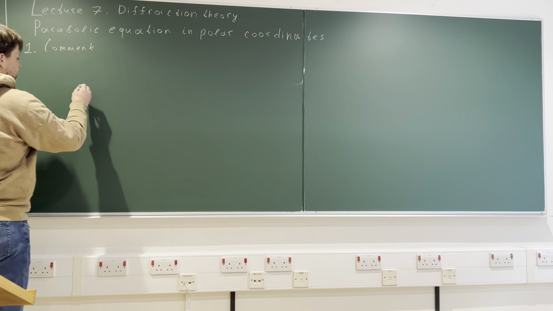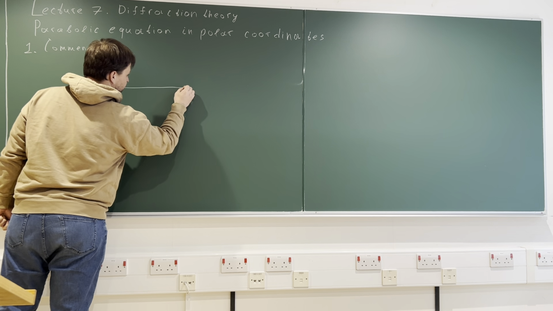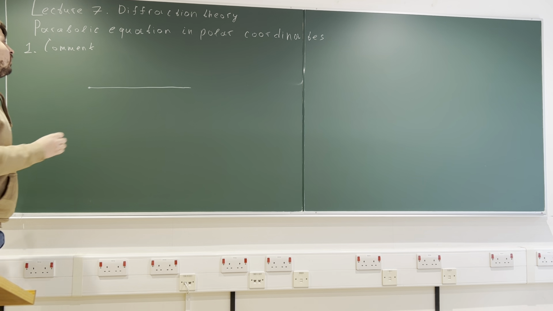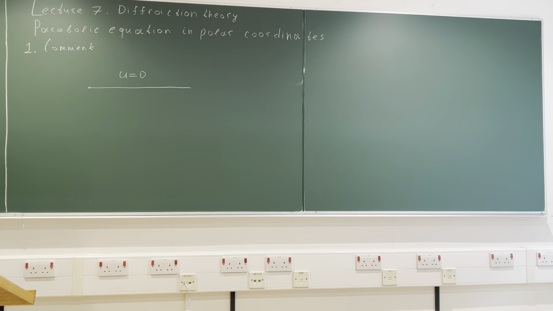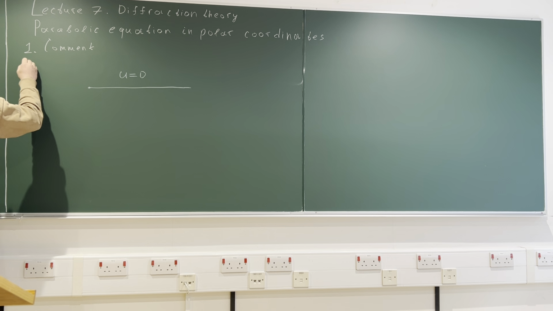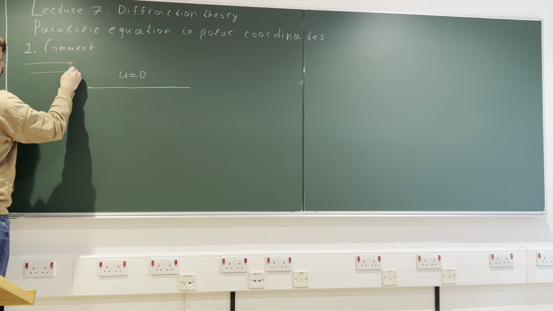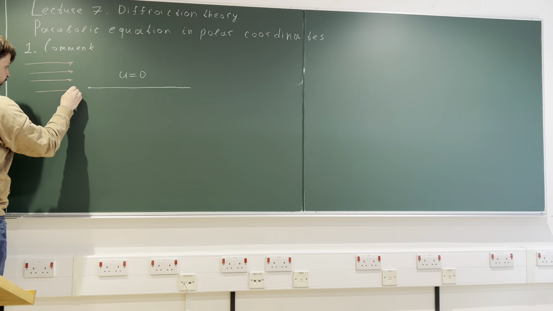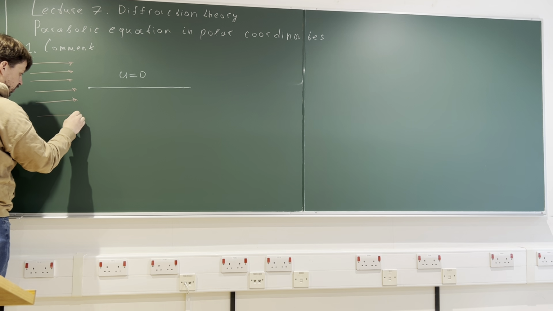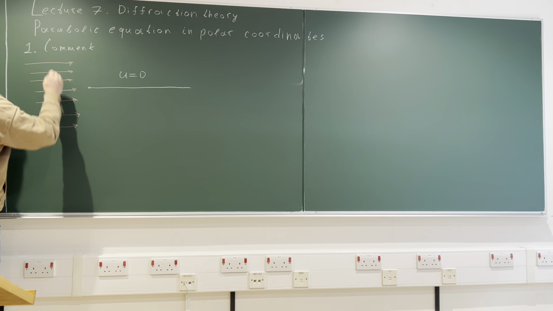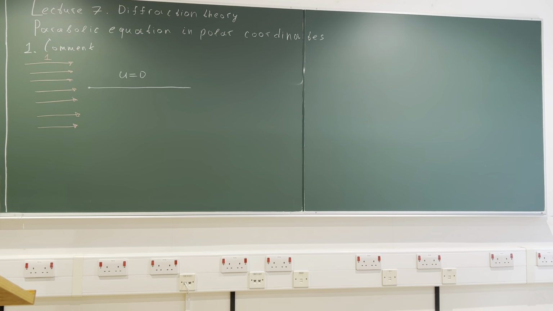So, what was the geometry? This is our half plane. We want the Dirichlet boundary condition satisfied on the surface. And we have this in the way. It is amplitude 1 falling into this point.